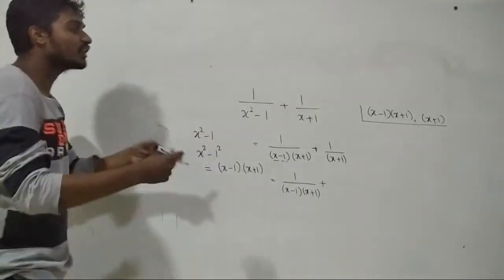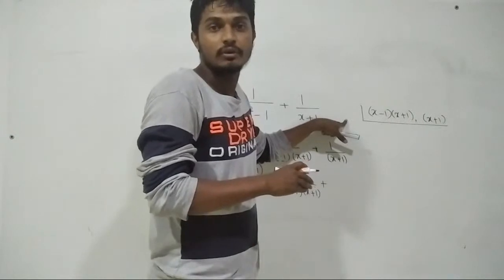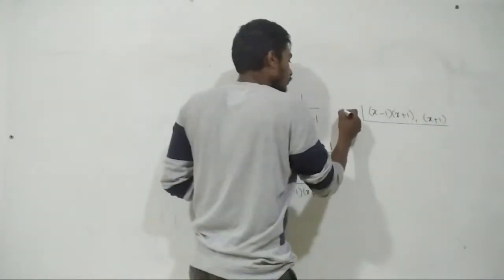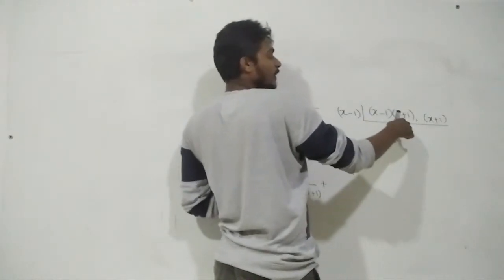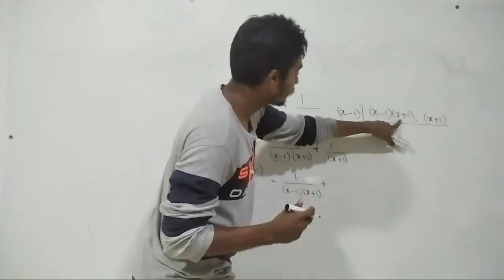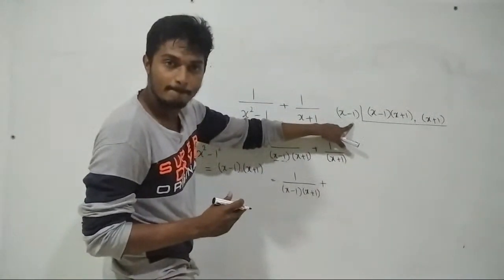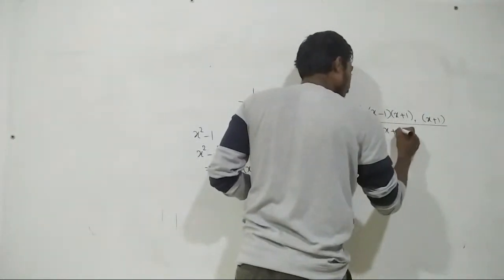Now we are in search of what number to be used in order for us to start the revision. So we can use x minus 1 first of all. If you divide x minus 1 into x plus 1 by x minus 1, the one remaining will be x plus 1.